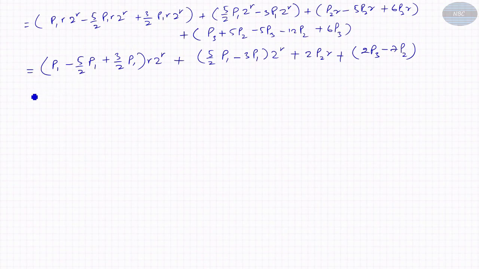Okay, so see here this p1 minus 5 by 2 p1 plus 3 by 2 p1 is equal to 0.